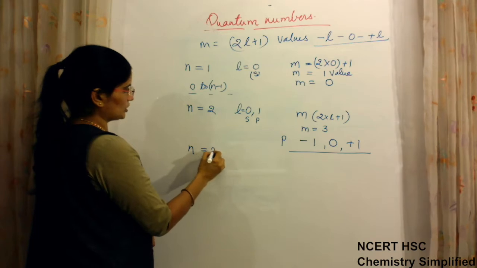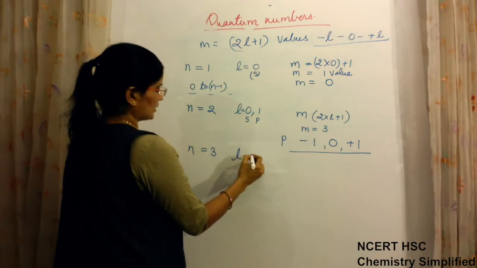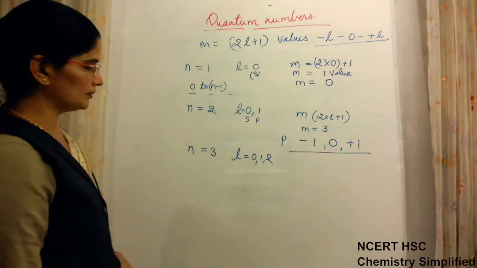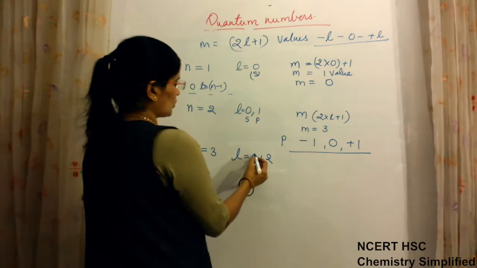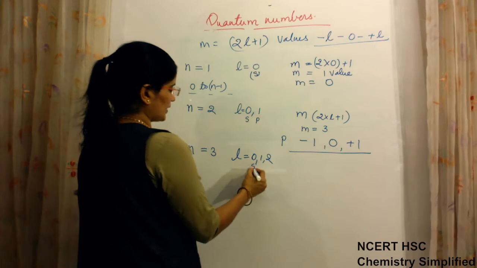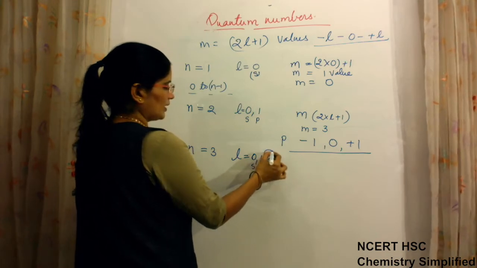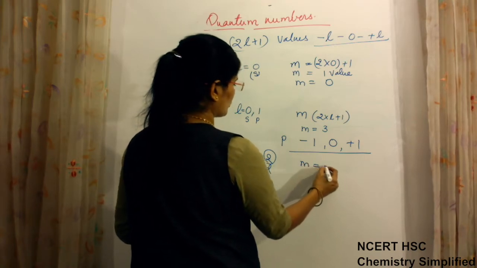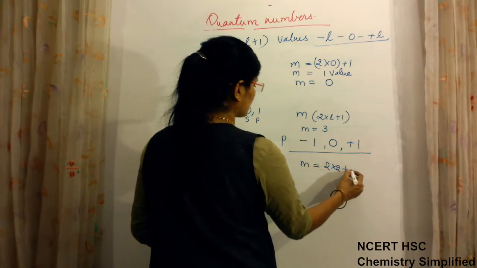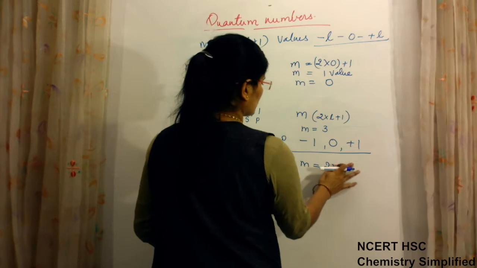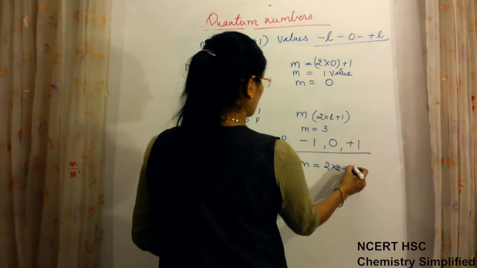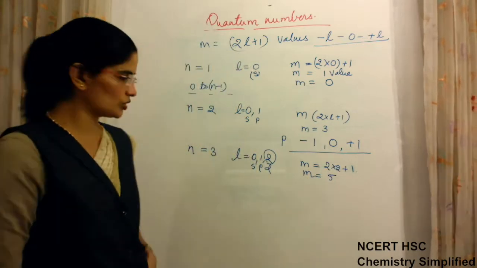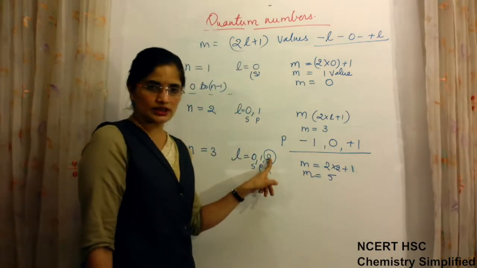N is equal to 3. So L is equal to 0, 1 and 2. Okay, so 0, 1 and 2, that means S, P and D. Let us take the maximum value of L. So the total number of m values will be 2 into 2 plus 1, that is 5 values for m when the L value is 2.